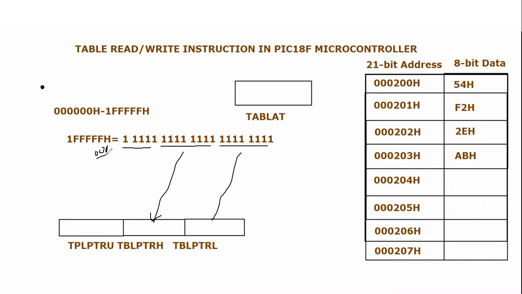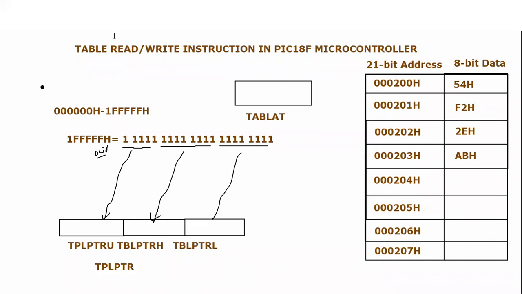For table pointer U, or table pointer upper, only 5 bits are utilized, and the most significant 3 bits are never used, right? That is how you can store a 21-bit address in these three pointers, and together they are called the table pointer, or TBLPTR. TBLPTR is a composition of three different registers.